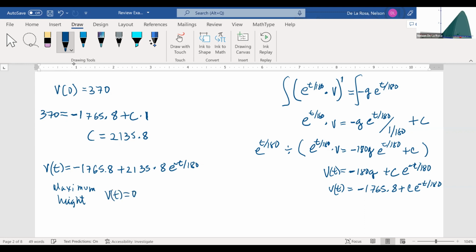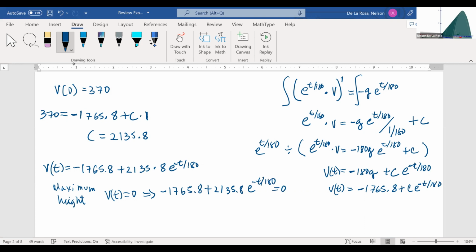So we have to set up this equation equal to 0. We can set up this equation: negative 1765.8 plus 2135.8 e to negative t over 180 equal to 0.